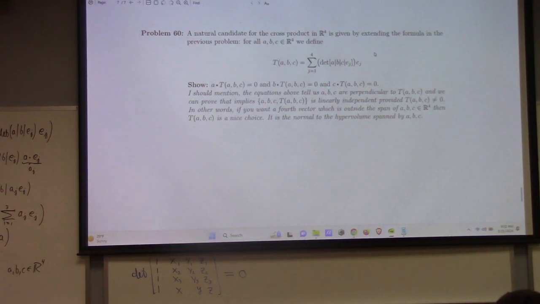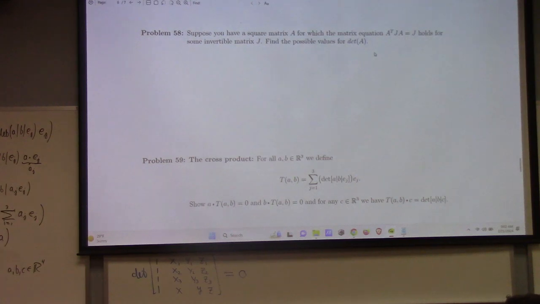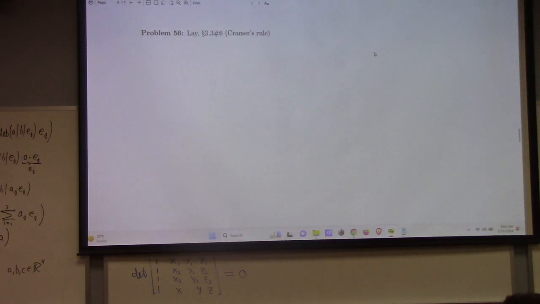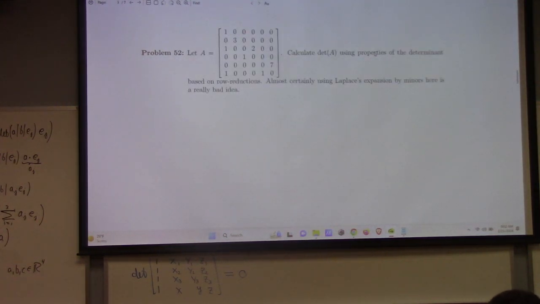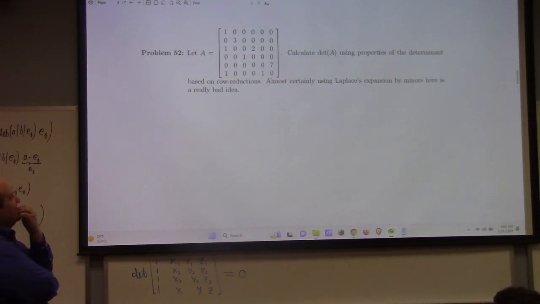Other questions about the homework? So like this one, any ideas, strategies? Lots of zeros, right?